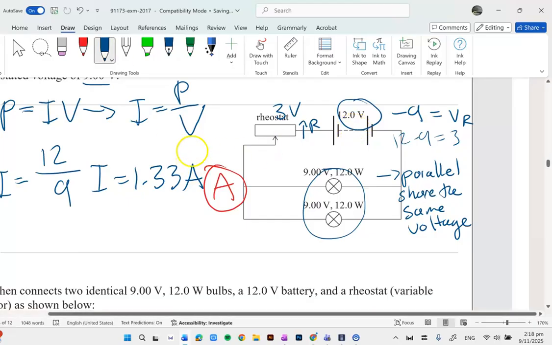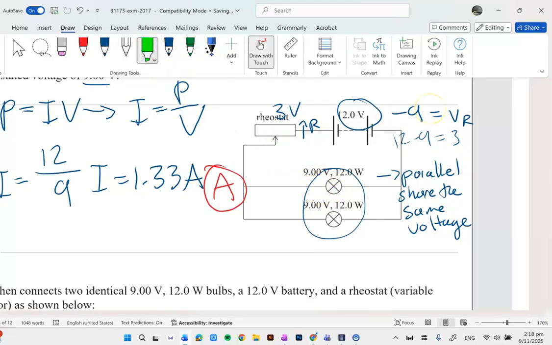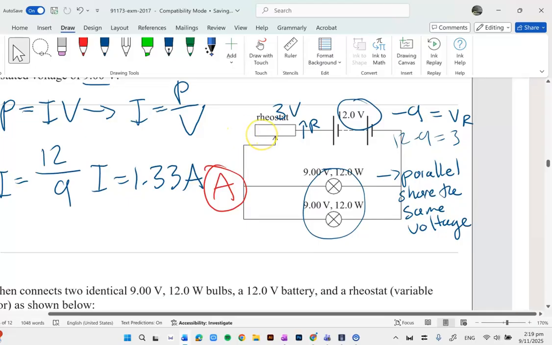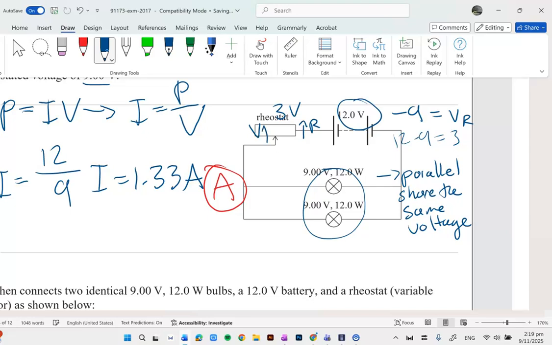Now, as both the rheostat and the combined bulbs experience the same amount of current, because the current is the same in a series circuit, that means increasing the resistance of the rheostat is going to increase the voltage. So the voltage is going to go up here.